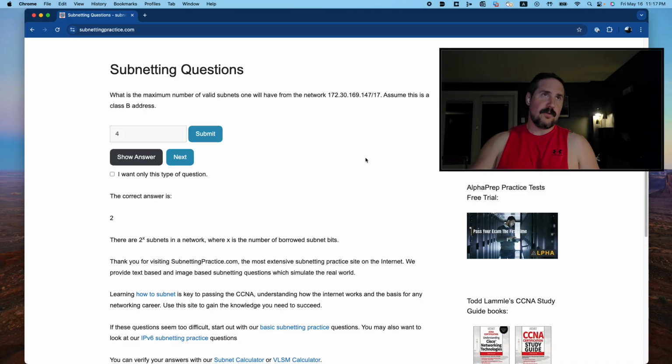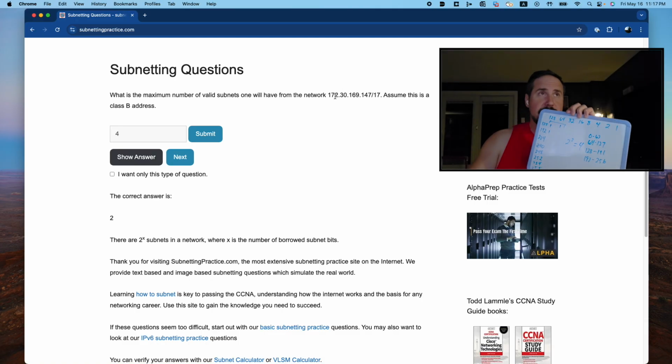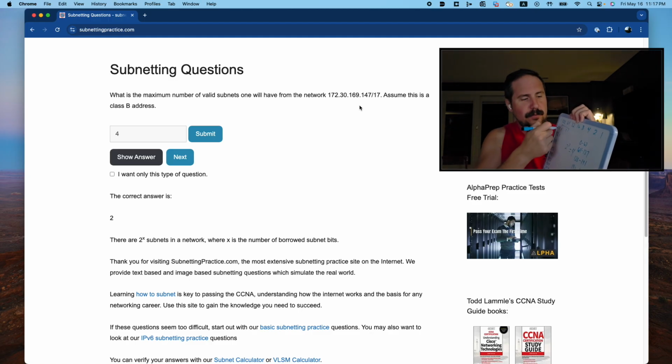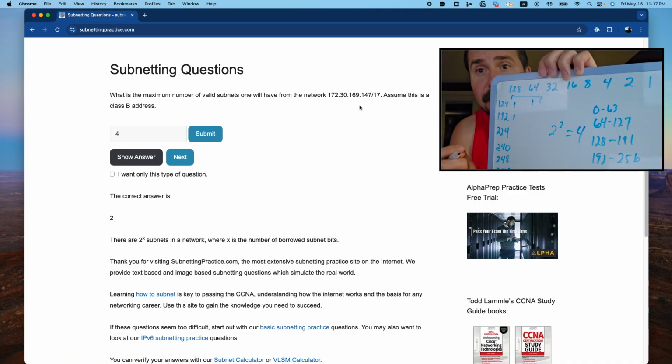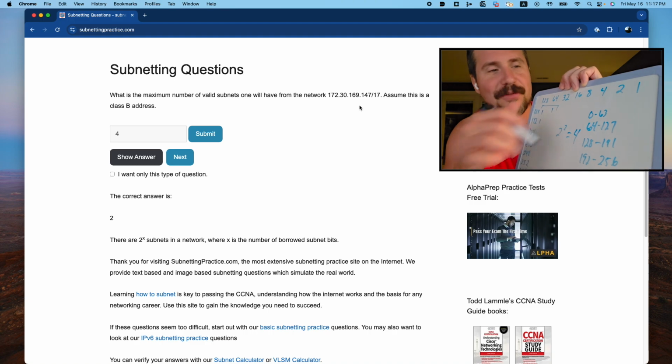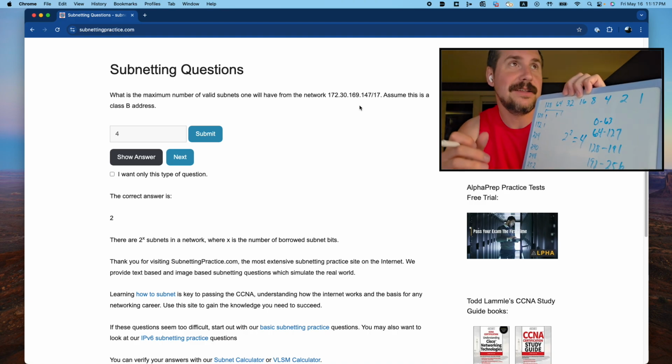Why? I can tell you why. The first 2 octets have 16 bits. We only needed to borrow 1 bit from the third octet, not 2. So borrowing 2 bits led us down this whole path, and it was incorrect.